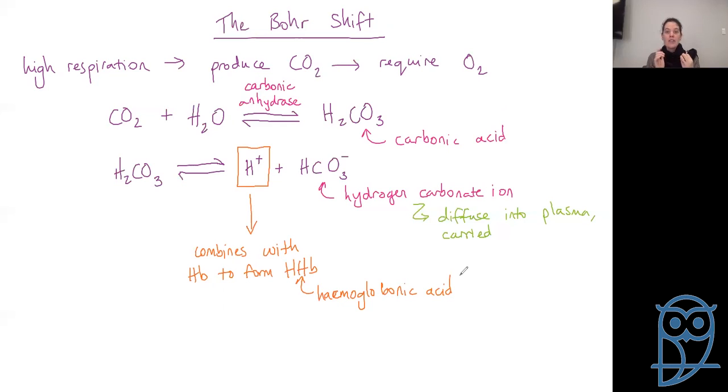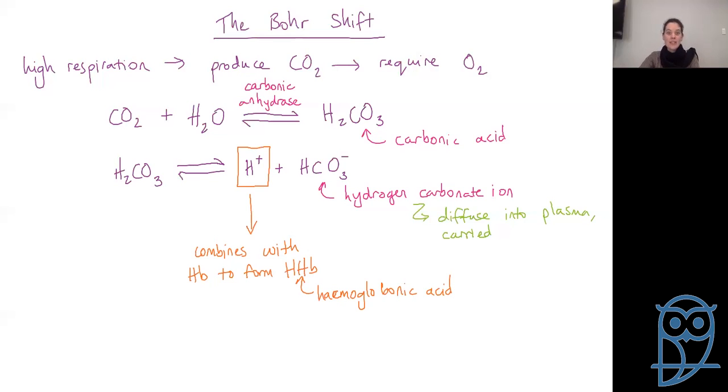Okay? The hemoglobin wants to bind with the hydrogen ion, so it releases its oxygen in the tissue. So we have high respiration, producing carbon dioxide, which produces hydrogen ions, which then releases oxygen in that self-same tissue, which means that we can then continue that high respiration. Aerobic respiration is the best, requiring oxygen.